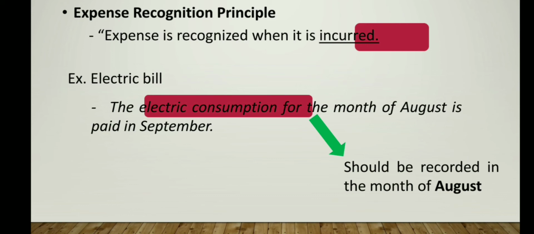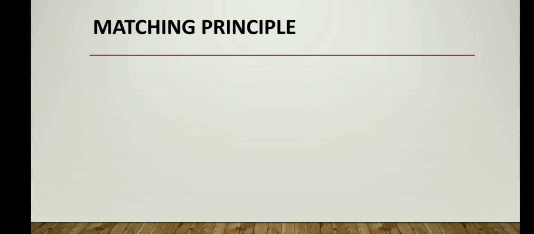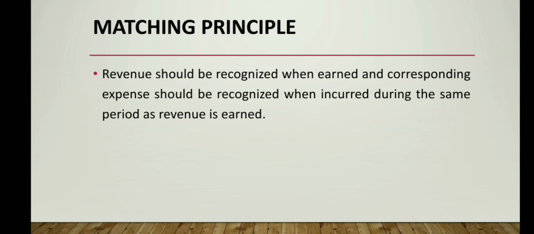So going back to the matching principle, as I said earlier, it is a combination of revenue recognition principle and expense recognition principle. So what exactly is the matching principle? So in matching principle, the revenue or income should be recognized when earned, and corresponding expense should be recognized when incurred during the same period as revenue is earned.